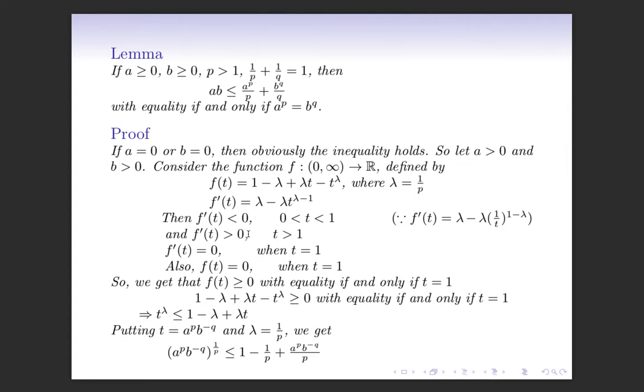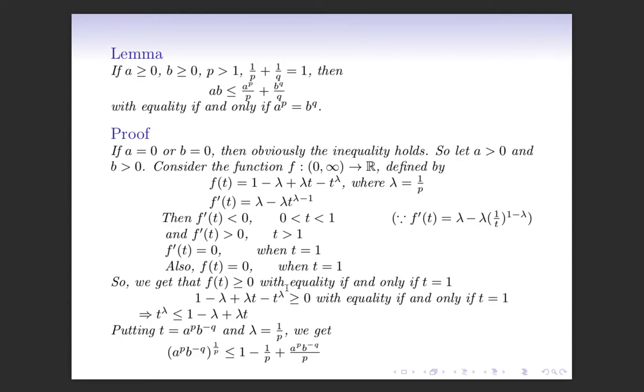So from these results we note that the function is decreasing when t lies between 0 and 1, and the function is increasing when t is greater than 1, and when t is equal to 1, its derivative is 0, which means the tangent is parallel to the x-axis.